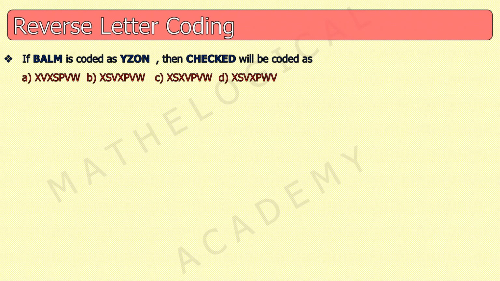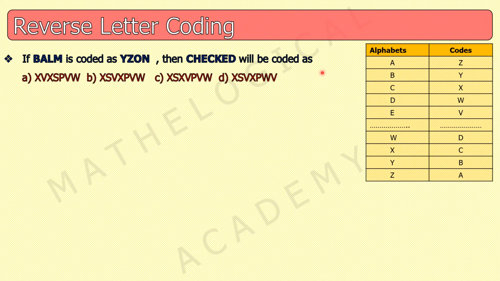An example of reverse letter coding. If BAM is coded as YZN, then checked will be coded as what? We see that B is coded as Y, that is second letter coded as second last letter. A is coded as Z, first letter coded as last letter. Big enough a clue that this is reverse letter coding.